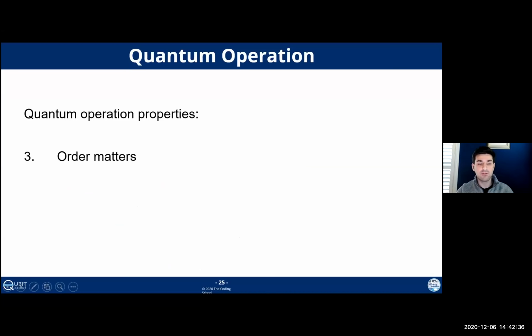Yep. And the third property of these quantum operations that I want to talk to you guys about is that order matters. So what I mean is, if I'm multiplying two operators, A times B, that is not necessarily equal to B times A. There are special circumstances where it could be an equality, but not necessarily.